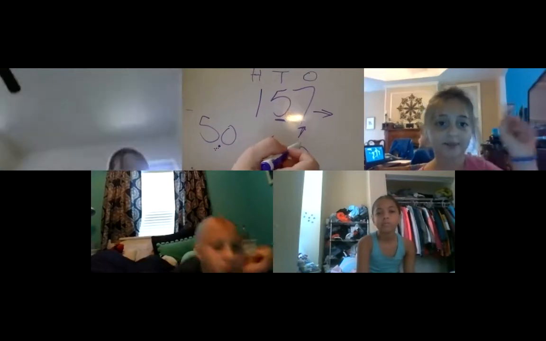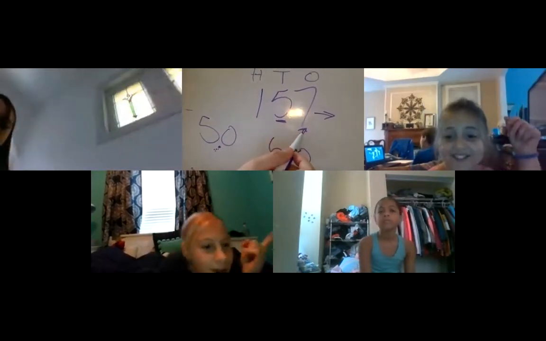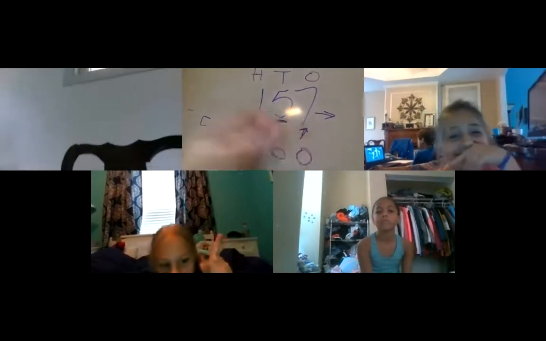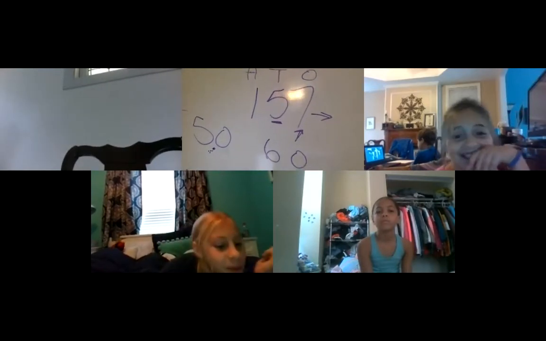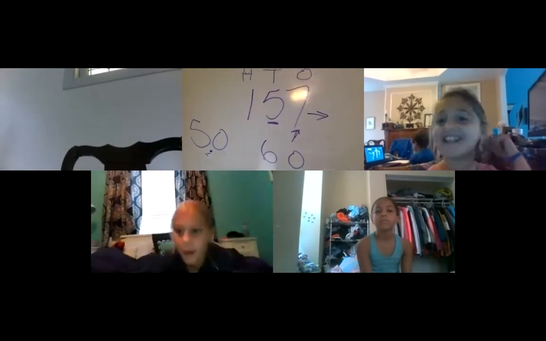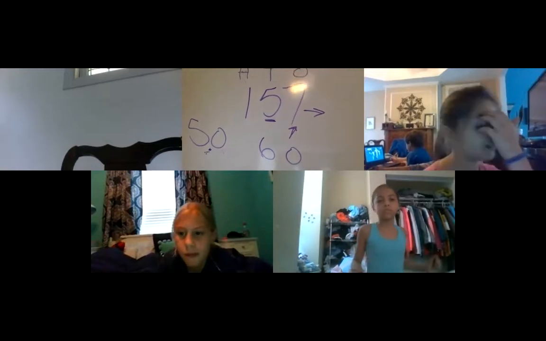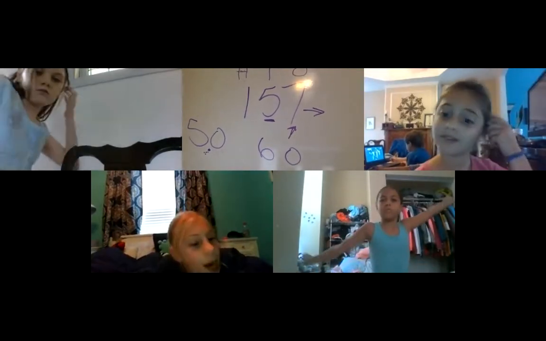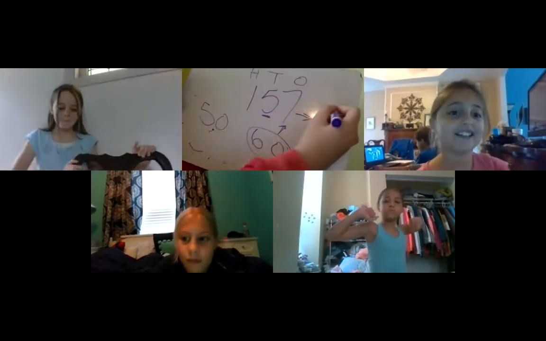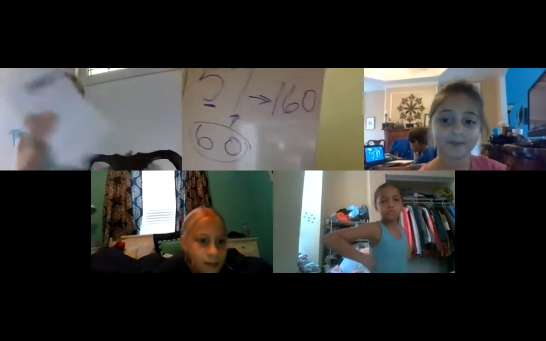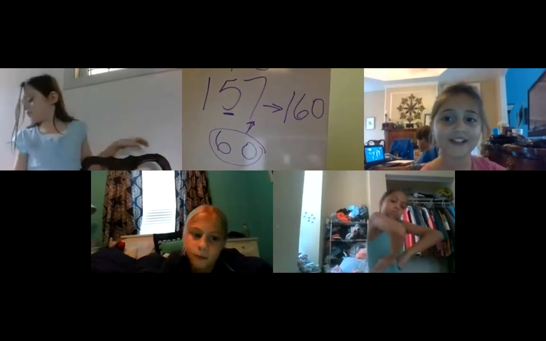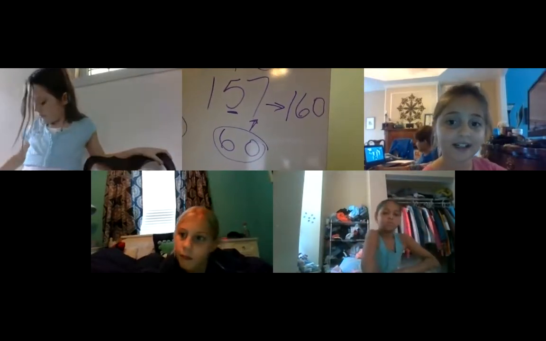So what are we doing with this, Charlotte? Are we going to stay on the floor or climb the vine? We're going to climb the vine to 160. So 157 is going to round to 160. Cool beans?